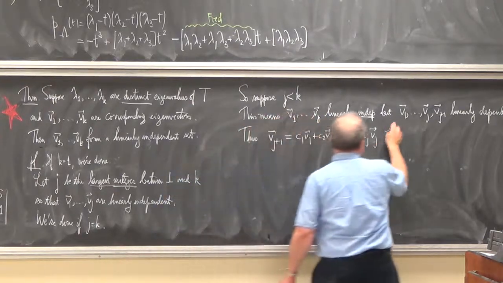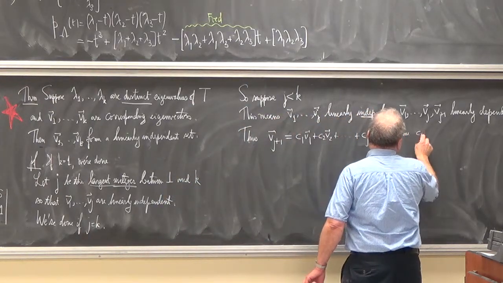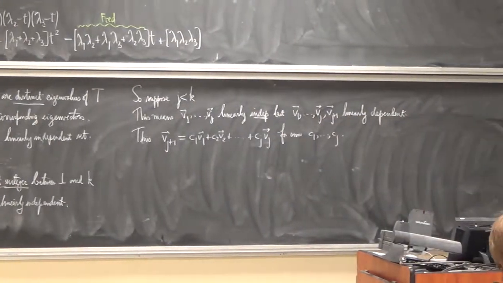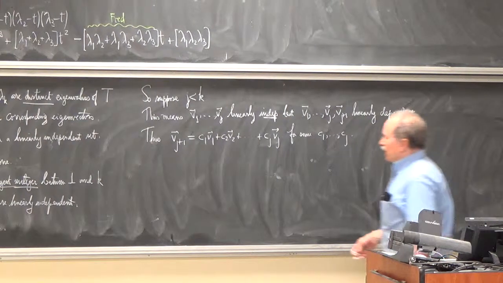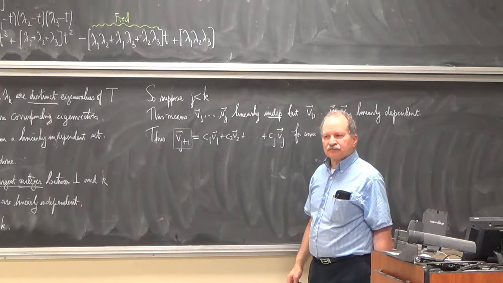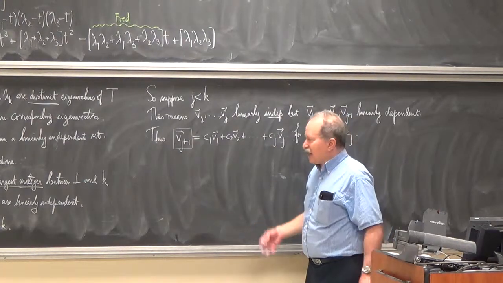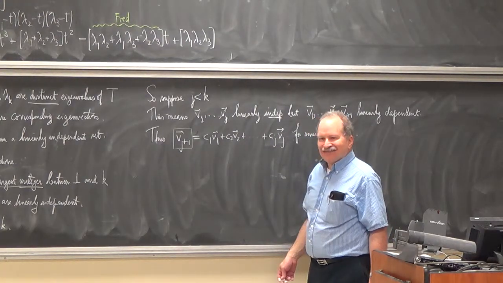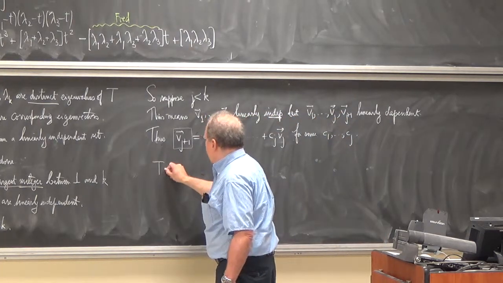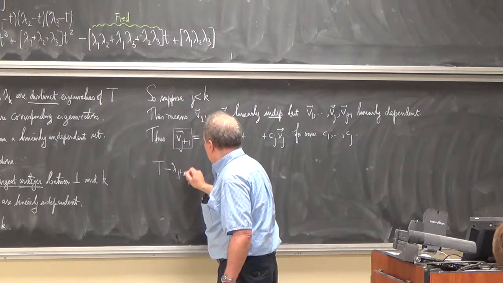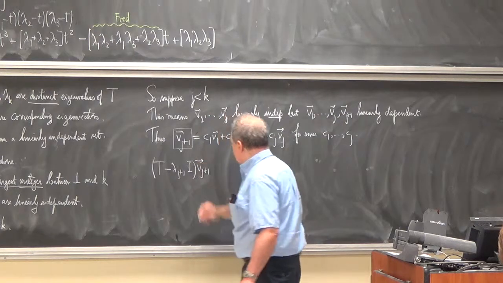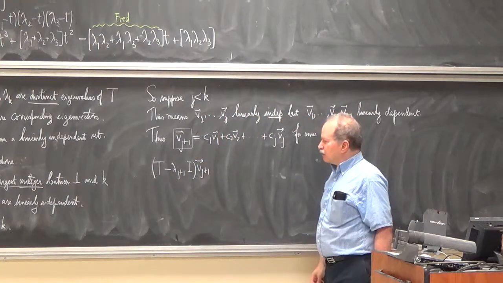So thus, vj plus 1 can be written as a linear combination of v1 through vj with some scalars. Now, what should I use about vj plus 1? It's non-zero, but it's an eigenvector. So if I take T minus lambda j plus 1 times the identity, what happens when I multiply by vj plus 1?